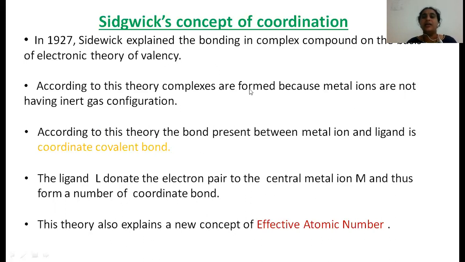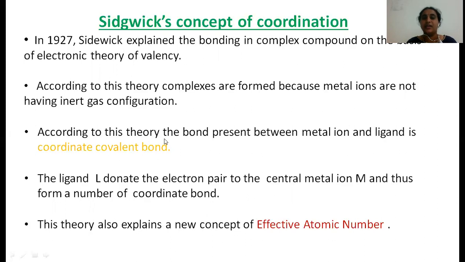According to this theory, because the metal ions do not have inert gas configuration, they get involved in complex formation. And the bond present between metal ion and ligand is a coordinate covalent bond.